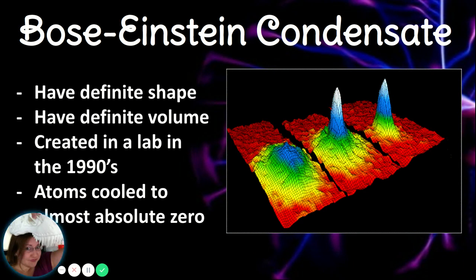What happens with the Bose-Einstein condensate is that atoms are cooled to almost absolute zero. And absolute zero is super cold. It's about minus 459 degrees Fahrenheit. So it's really cold. What happens with these particles is that you start out with atoms of rubidium. And then a laser is fired at the atoms of rubidium in order to make them get colder.